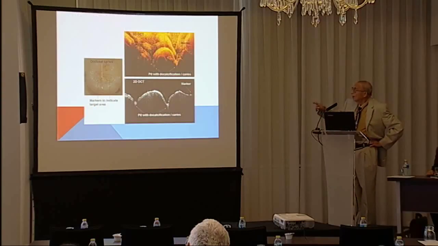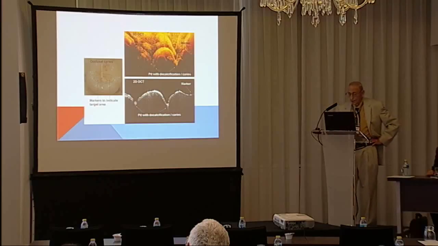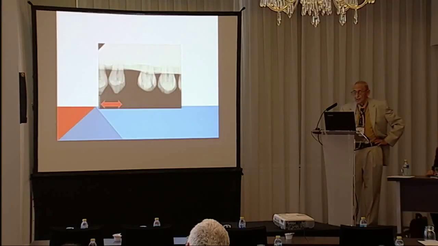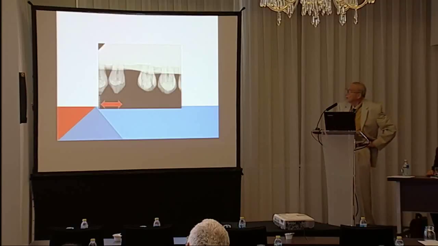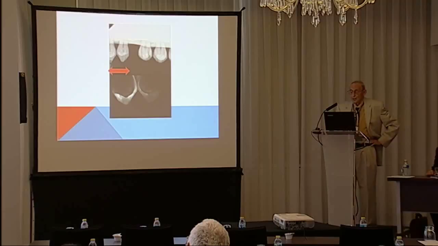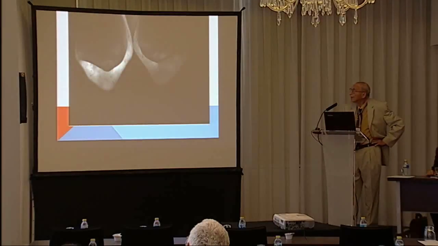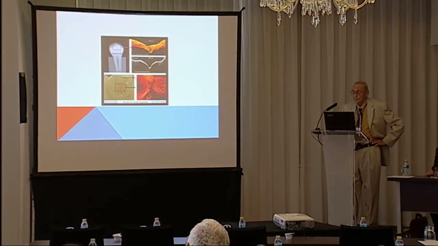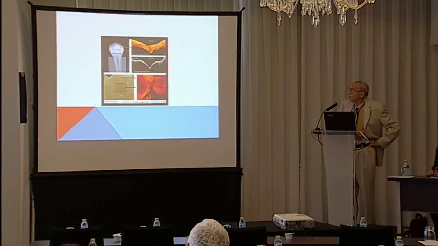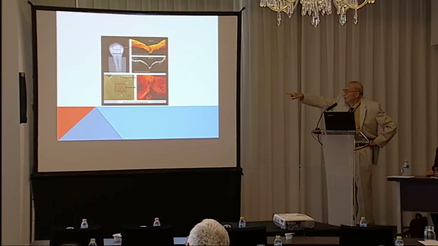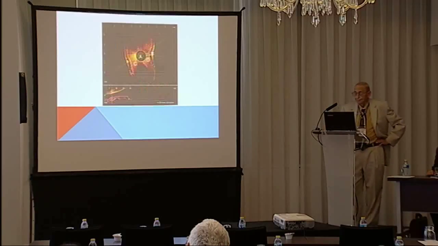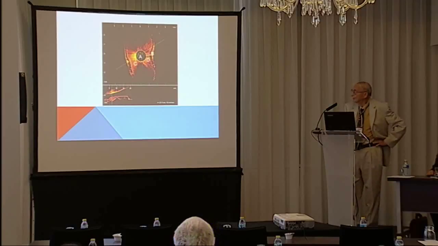Here again, your occlusal caries, your 3D OCT, your 2D OCT. This is a conventional image. Here it's compared with the OCT. Again, this is a position of the pit, showing a 2D, 3D image, caries.